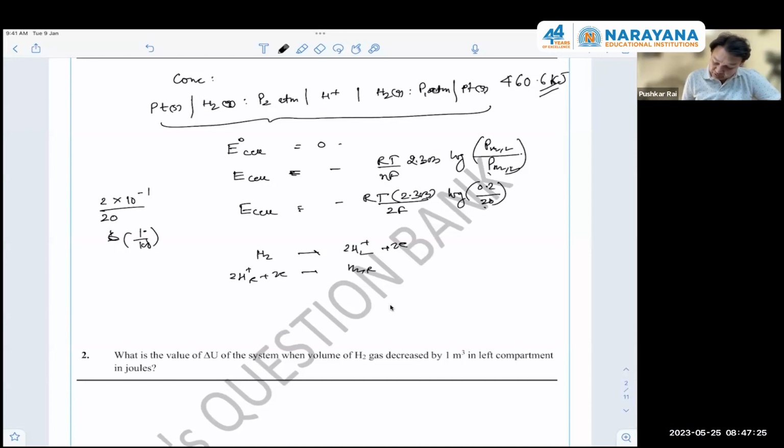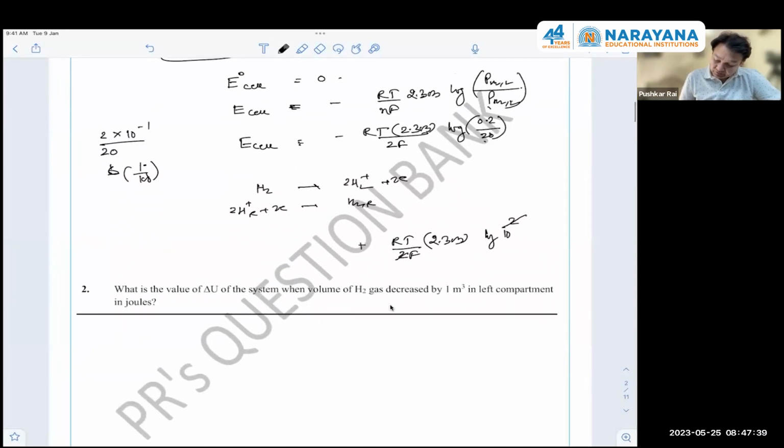And finally you are going to get plus RT upon 2F 2.303 log of 10 to the power 2. This 2 will also be cancelled. So it is RT into 2.303 log 10. That is the EMF of this cell.